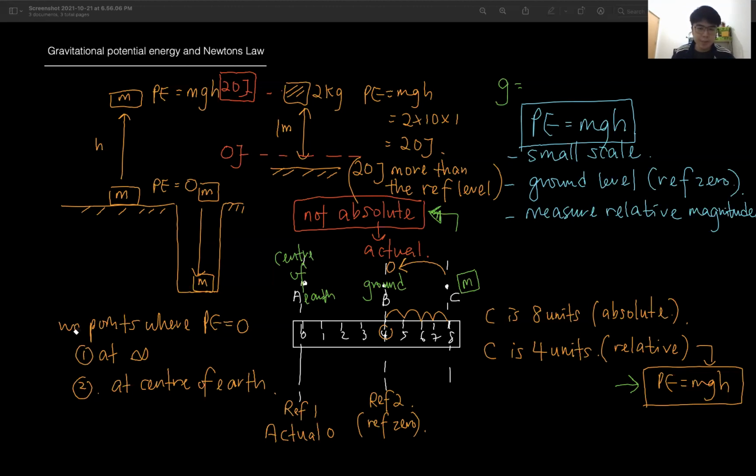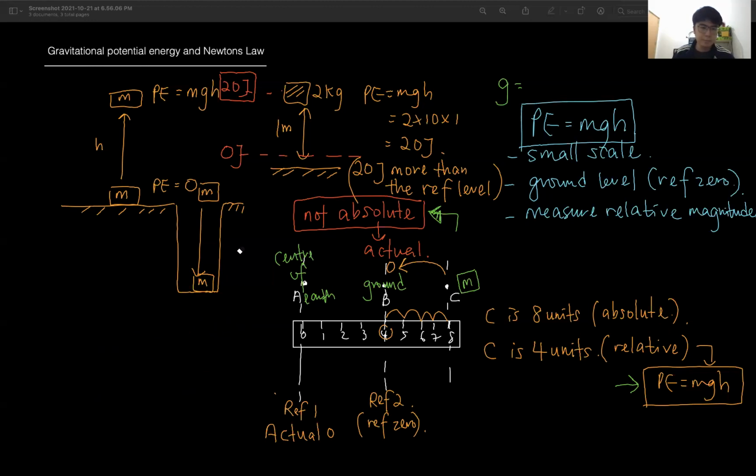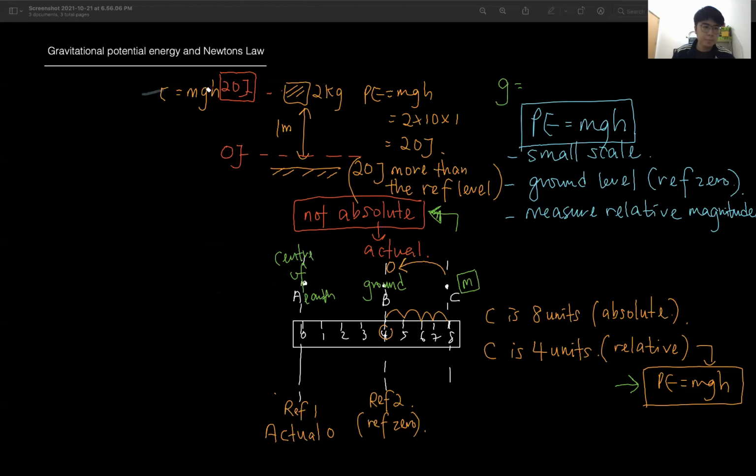Okay, now you see, let me get some space here. I'm going to erase this down here. For large scale, what happens to g? g varies, right? g varies.